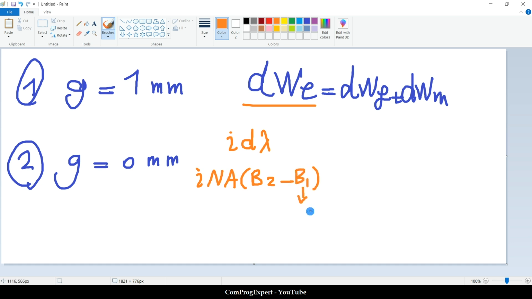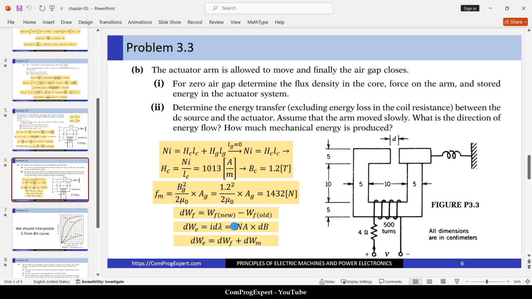For the first case, it was 0.5 Tesla. For the second case, it was 1.2 Tesla. We have A, we have N, we have current. We can calculate dWe.